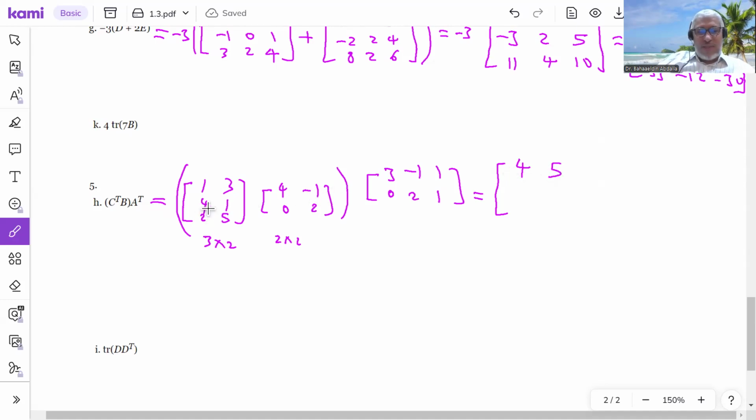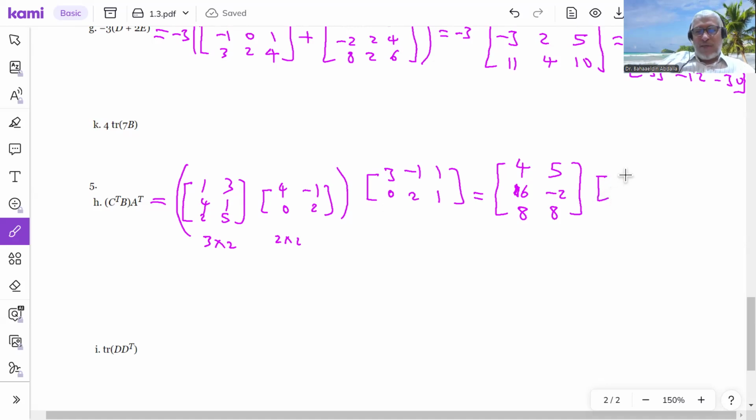The second row, 16 plus 0. 4 times negative 1, negative 4 plus 2. 2 times 4, 8. 2 times negative 1, negative 2 plus 10, also 8. So this is the product of CTB.